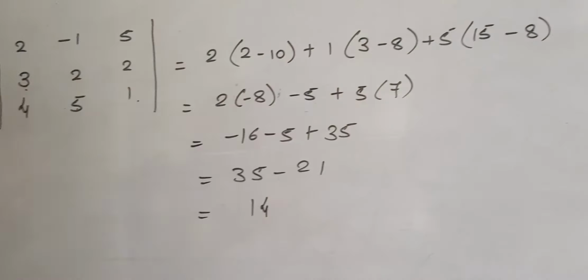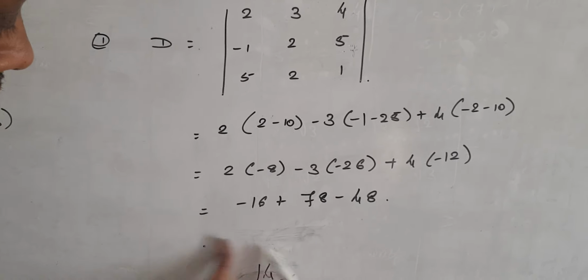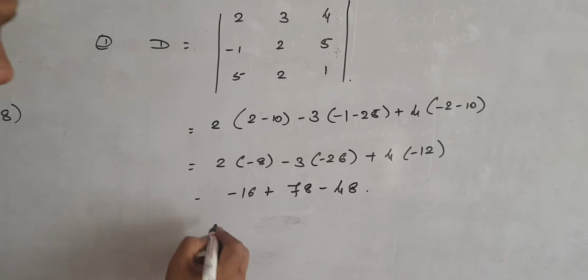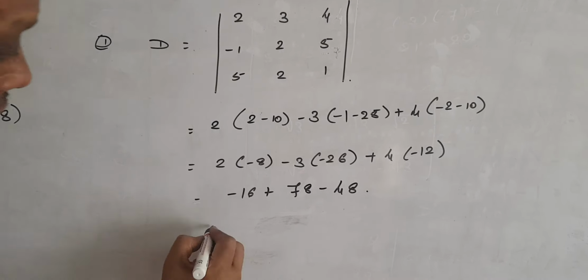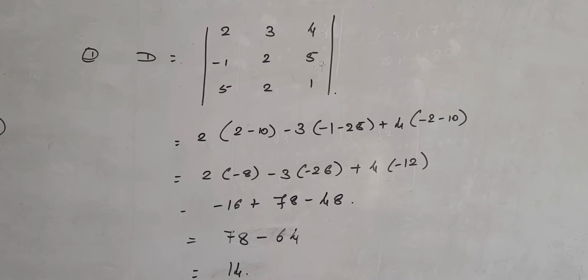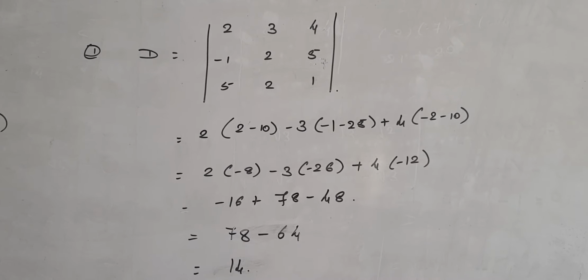Okay, please see. This is my small mistake here. I repeat. This is 78 minus 64, which is 14. Understood? Now why did I do all this? You could also have done it.